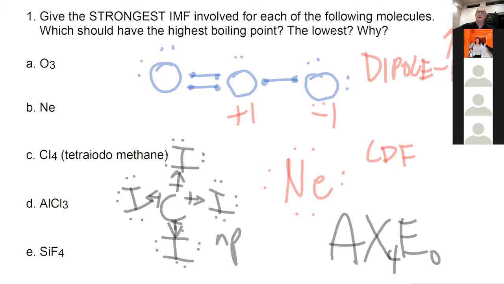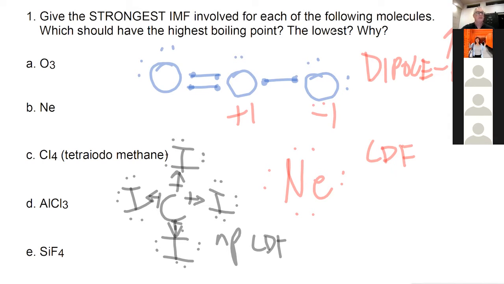So what interactions would it have? London dispersion force. Yep, LDF for this one too. So D, what is that? Now, is that aluminum with chlorine?